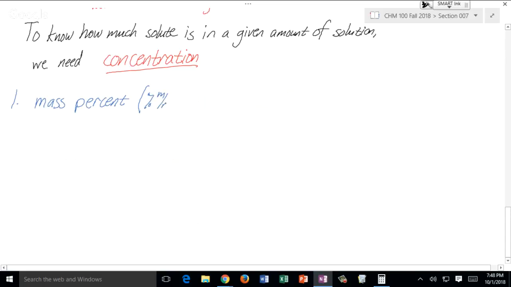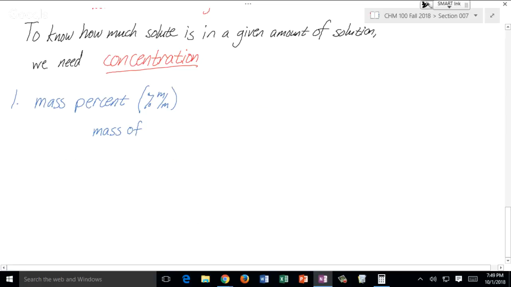And it's sometimes written as percent m/m. And this is, as it sounds, simply a percent of how much mass is solute compared to the whole solution. So it looks like this.